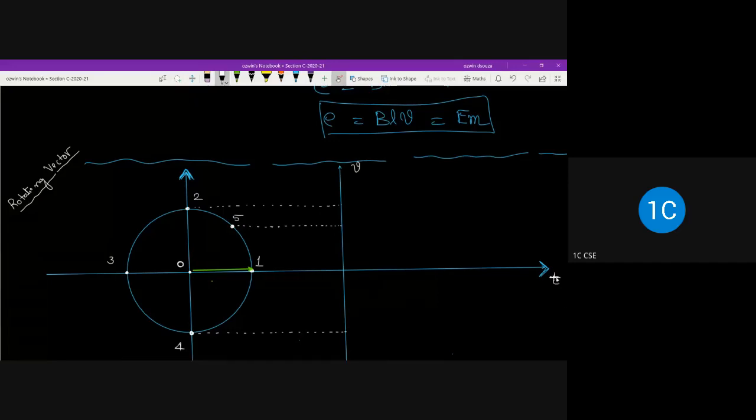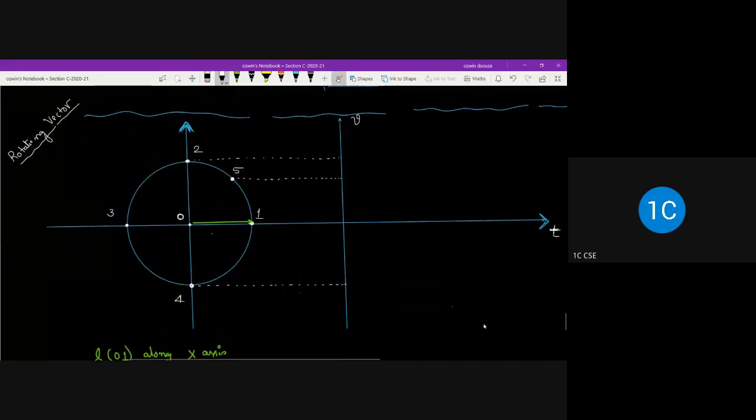Now, in this concept of rotating vector, when the vector is rotating in space in the anticlockwise direction with some angular velocity or angular frequency omega, we have to keep on collecting its projection and place it onto this two-dimensional space.